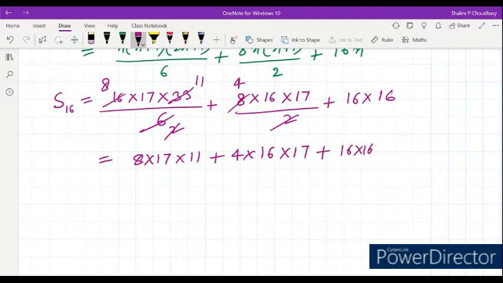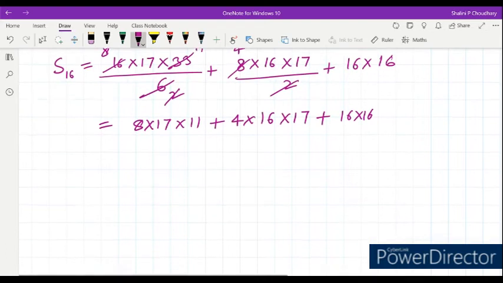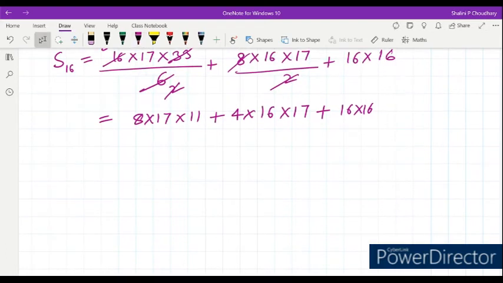by 16. Okay, so what we can do from this one, we can take 17 common, and 8 also common we can take from these two. So when we take 17 common and 8 also common, this side we will get 11 plus, this side we will get 8, and multiplied by 200.